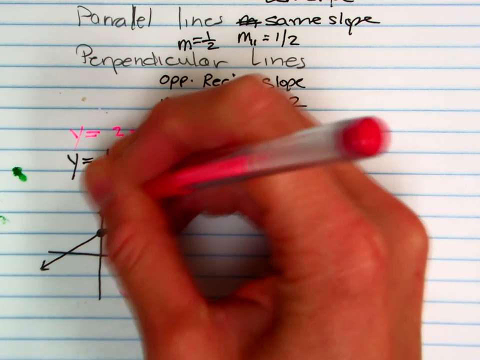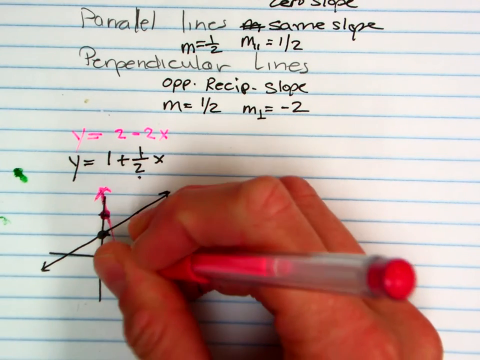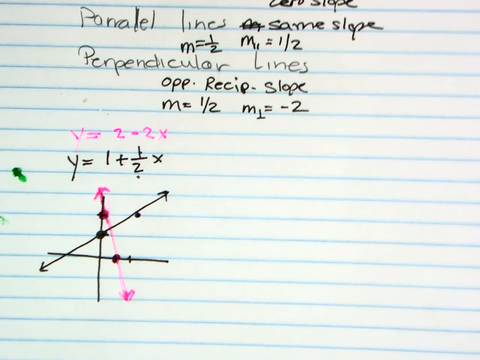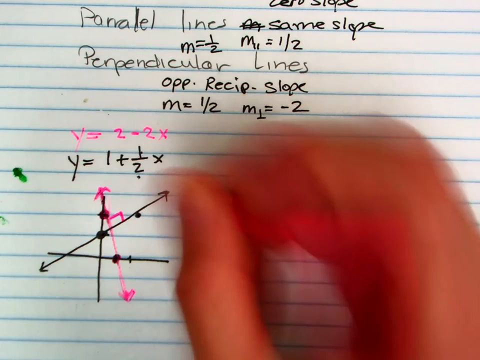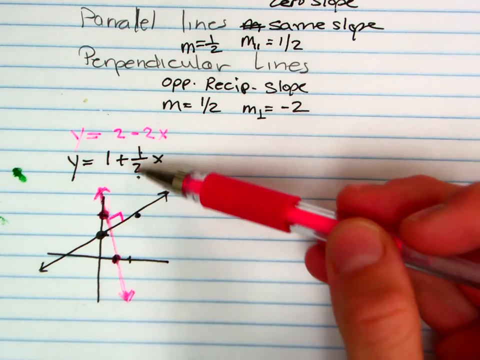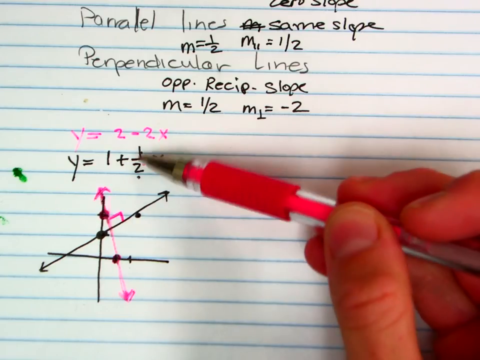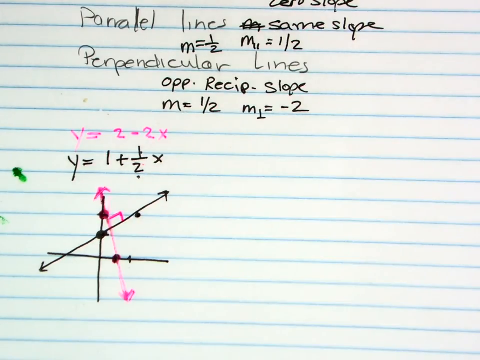I know this isn't the best drawing, but you can tell that these two lines should be perpendicular because the slopes are 1/2 and -2. So these are opposite reciprocal slopes.